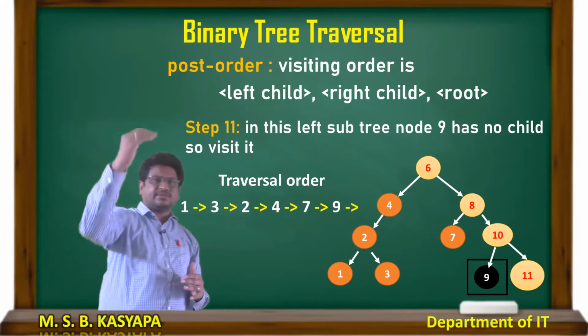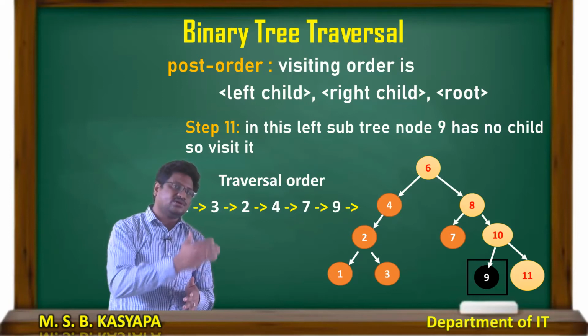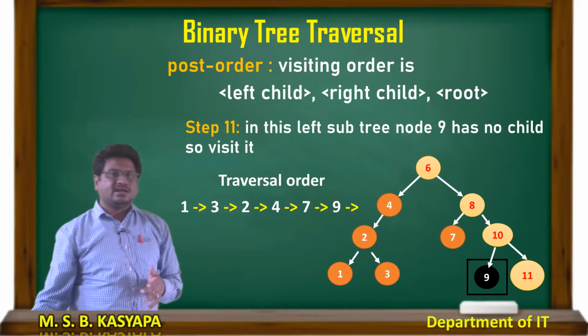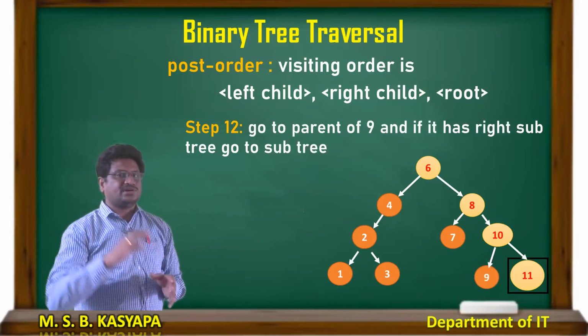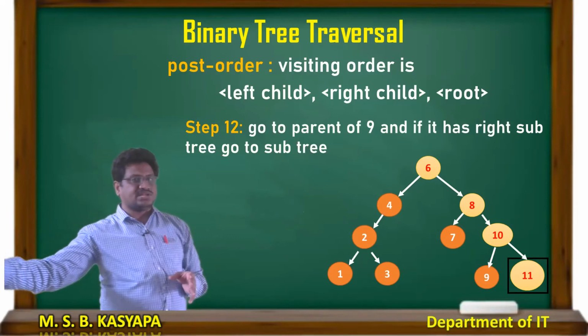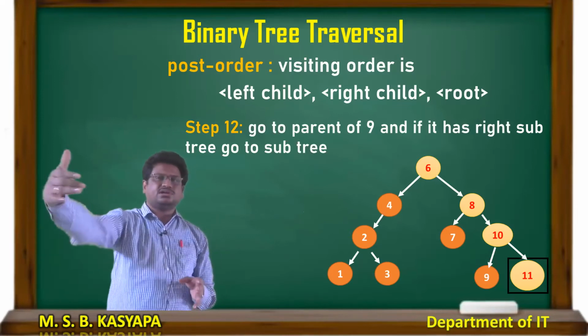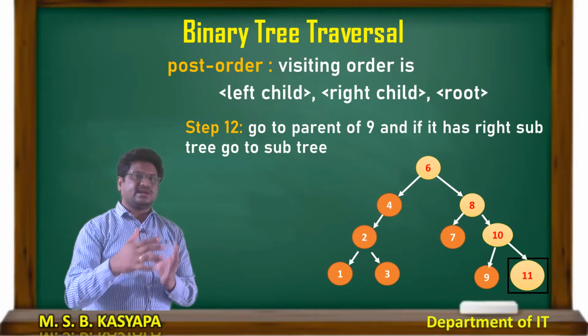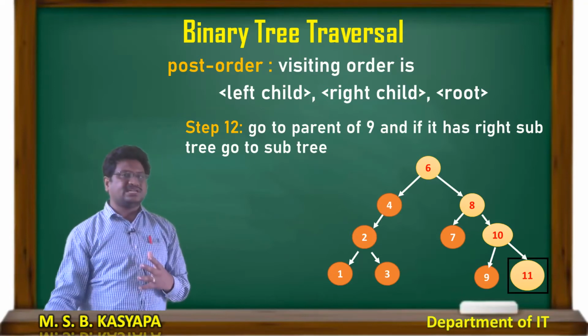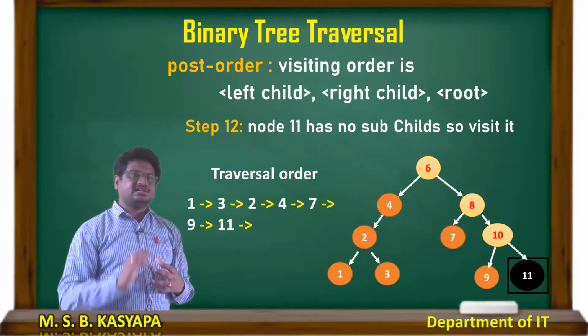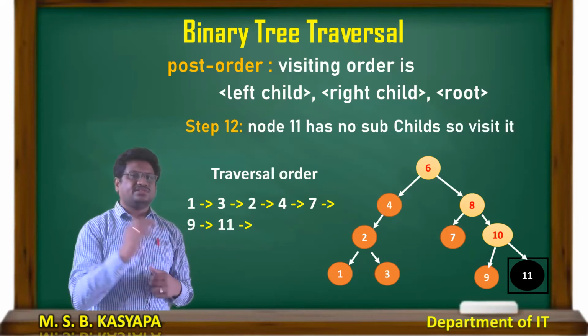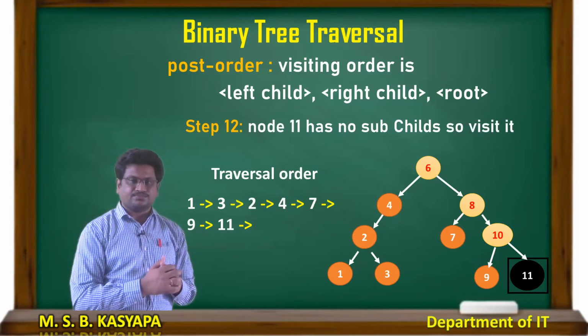Then I am moving to my parent node. What is the parent node? 9's parent node is 10. Can I visit 10? No. Why? Because 10's right child is not visited. So I need to move to the right child, 11. 11 doesn't have any child, so I can visit 11. So 1, 3, 2, 4, 7, 9, 11 now.